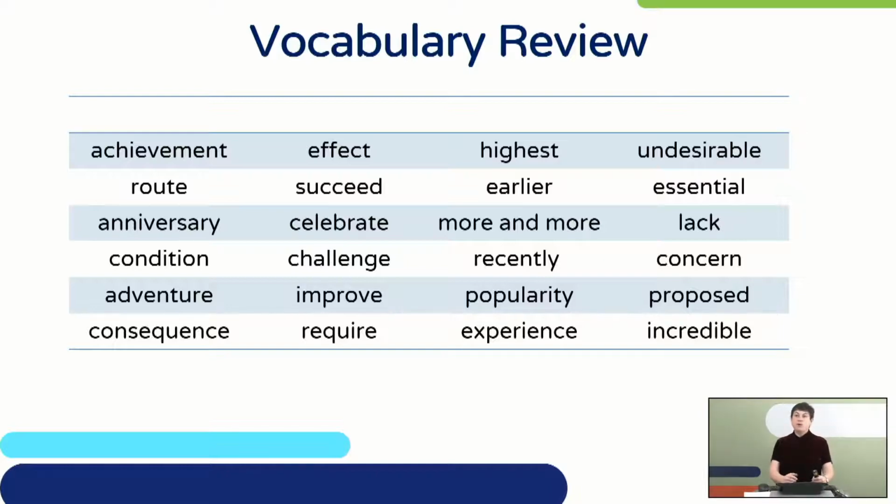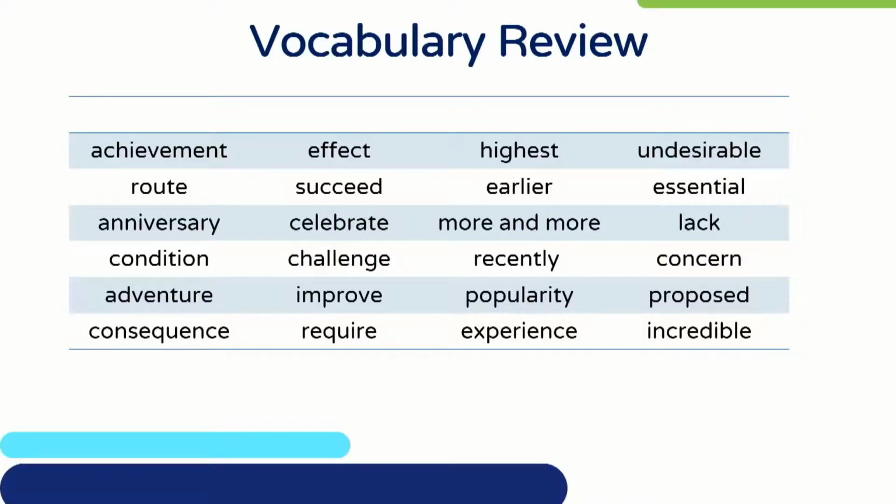To celebrate, what we do when we succeed, what we do when we have an achievement, or what we do to remember and honor one of those anniversaries. To challenge, do something that's difficult, try to do something beyond what we know how to do. To improve, make something better. To require, make people have to have something or do something.